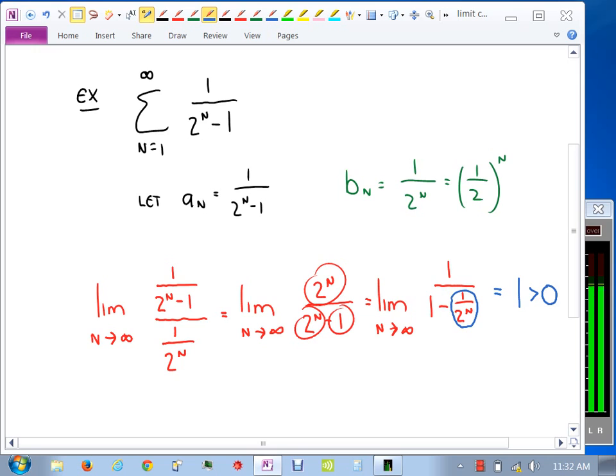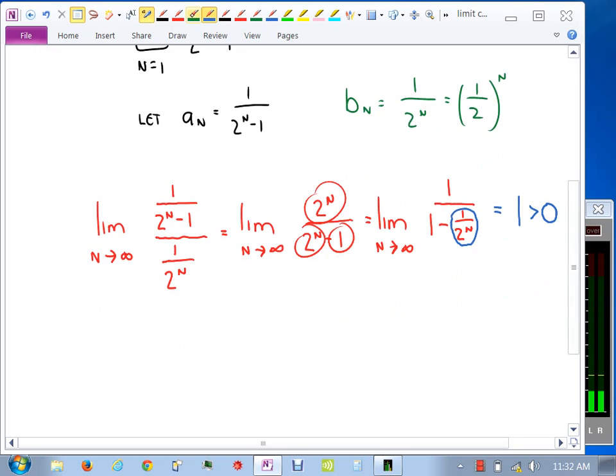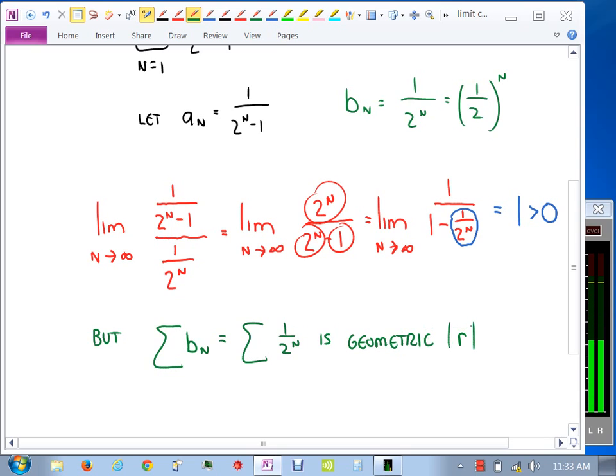But the b sub n that I chose, that series is geometric, with r being less than 1. Agreed? So it converges. Thus, it converges.